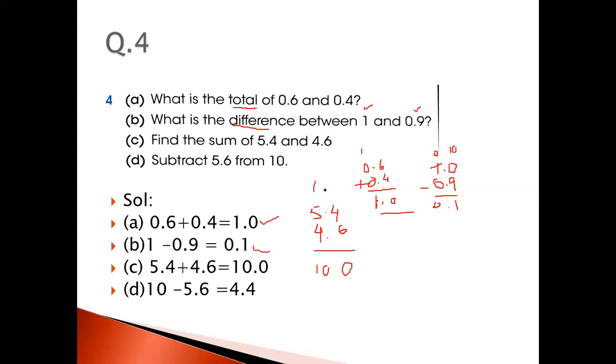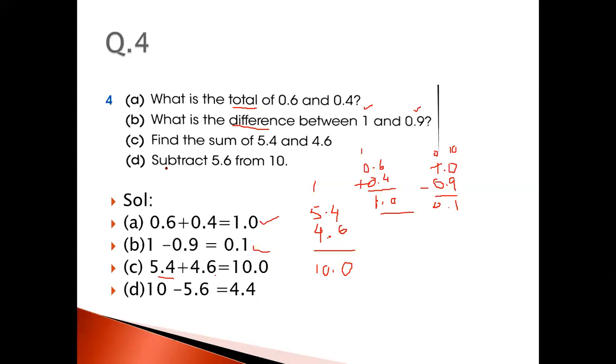Don't forget to put the decimal below the decimal. And you know that 10.0 also means 10, so 5.4 plus 4.6 is equal to 10.0.